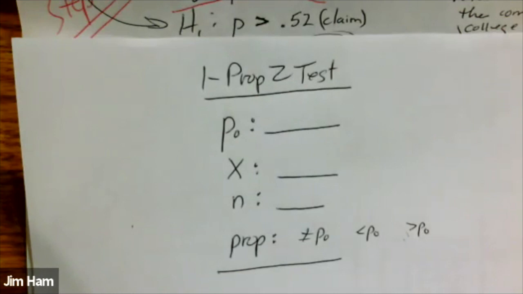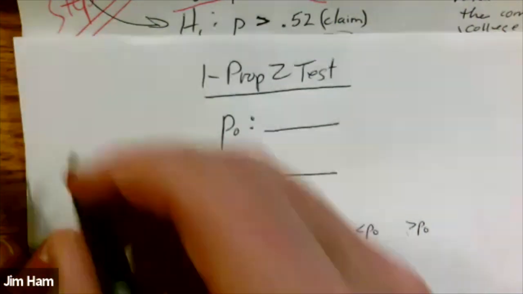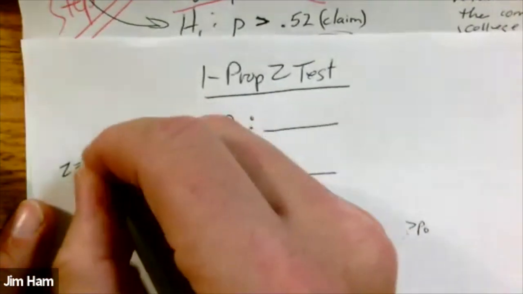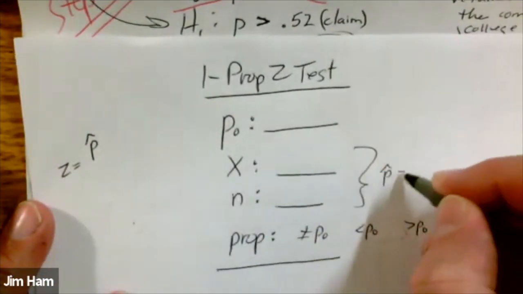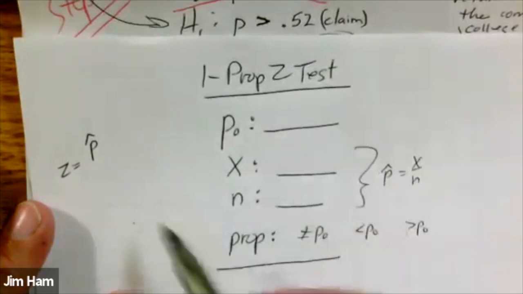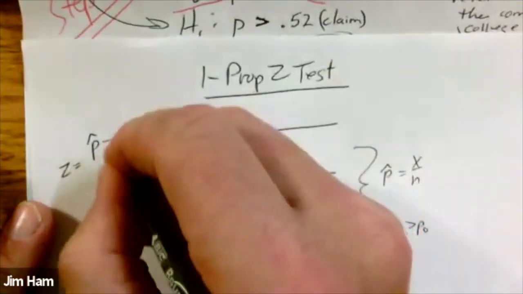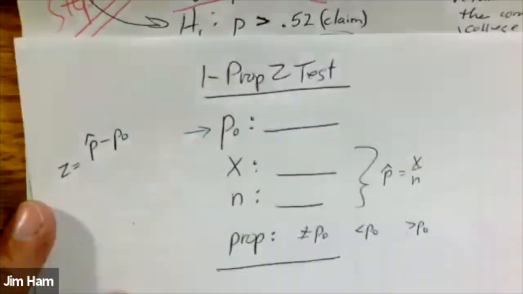See, the numbers that you have to give the calculator are the numbers that would enable it to calculate the test statistic and the p-value. So here's the test statistic. We need p hat. Well, we can find p hat. If you give it X and N, the calculator can calculate p hat. Minus p0, well, that's why you have to enter in the p0.